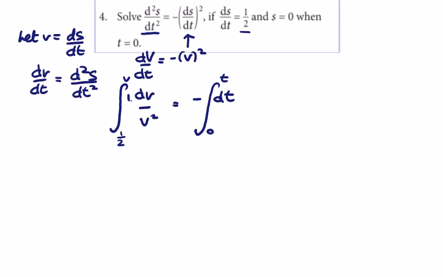So let's solve for v. We've integrated this in the previous video. V to the power of minus 2 becomes v to the power of minus 1 over minus 1.